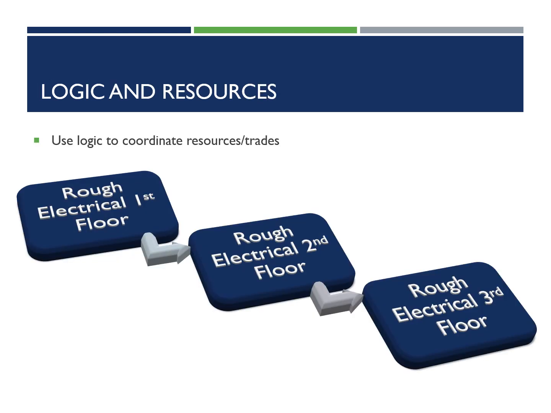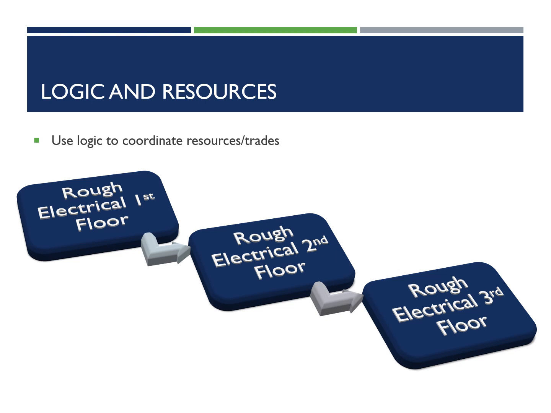So what we want to do with logic is we want to use logic to coordinate our trades and our resources, access to areas, and we use the logic to sequence out the activities so that we can plan the whole project. So here we're just using roughing in some electrical per floor as a convenient way to look at this.